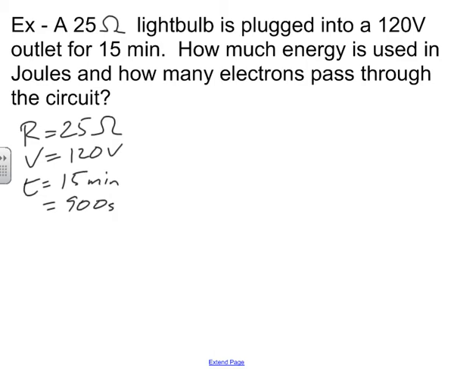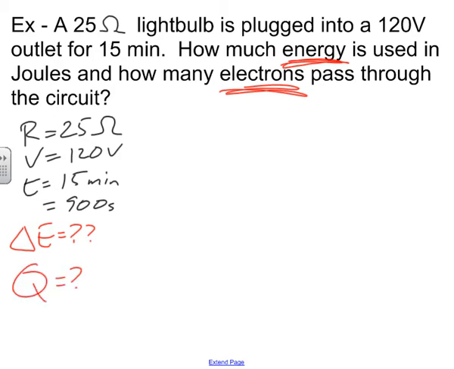Now it asks how much energy, if it's asking for energy, we'll put a question mark there, and how many electrons. If we're talking about figuring out electrons, then we're simply trying to figure out Q. We'll start backwards.